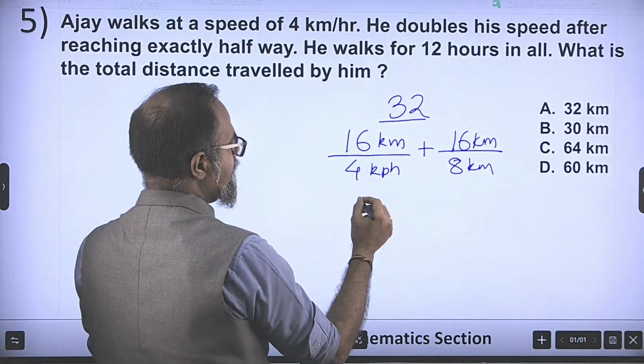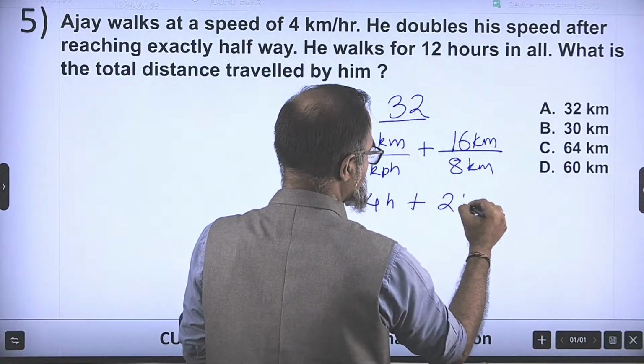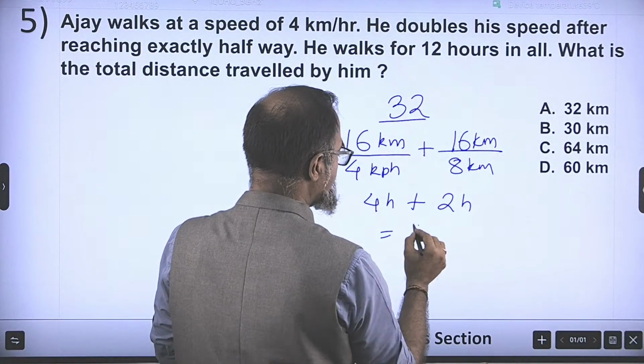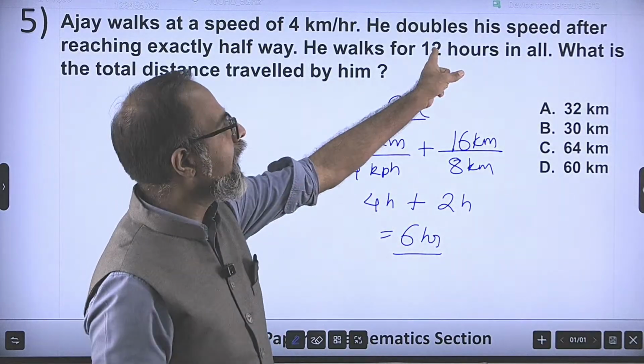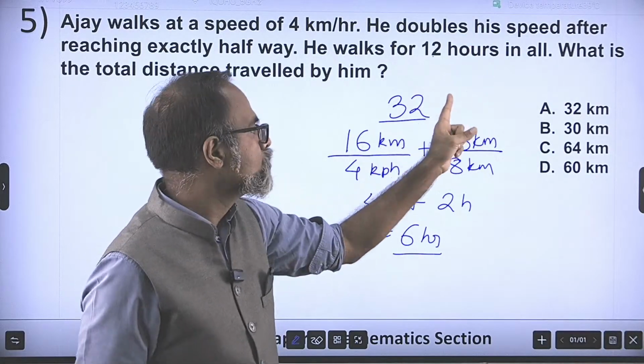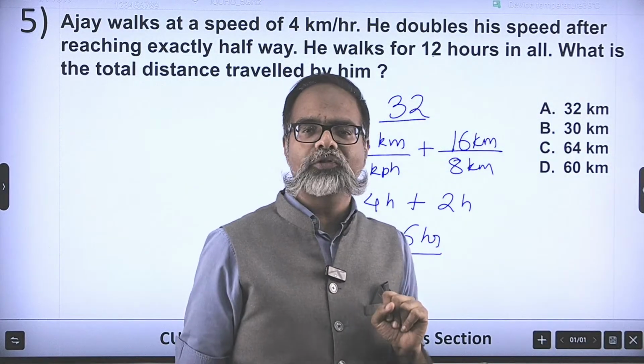So 16 by 4 will give me 4 hours plus 16 by 8, 2 hours. So if this were my answer, I would have taken a total of 6 hours, but I took a total of 12 hours, double. So 32 is not my option, plus double of that, 64, has to be my option.